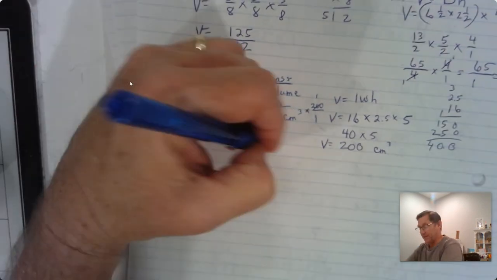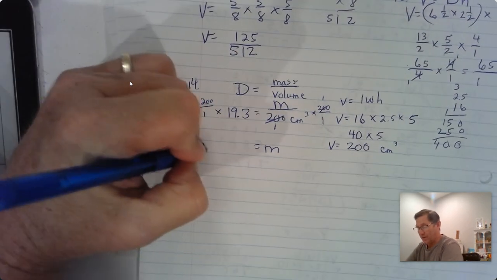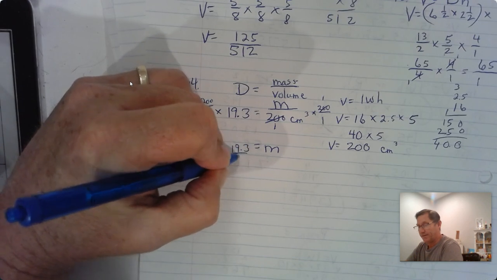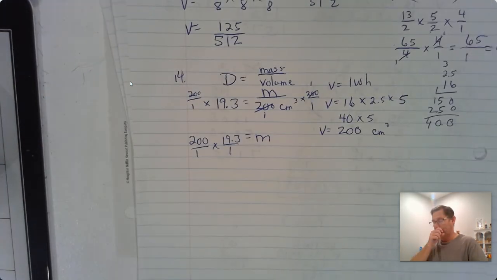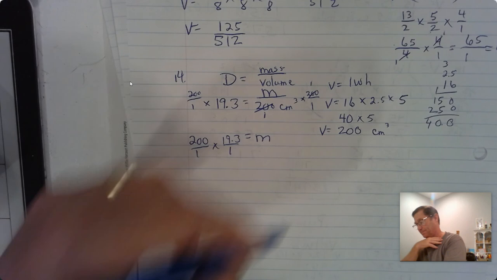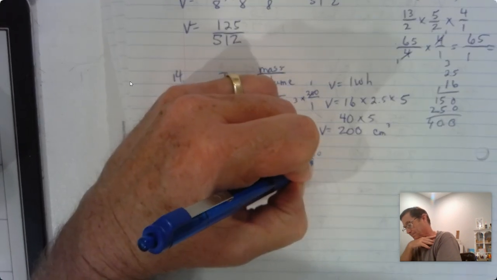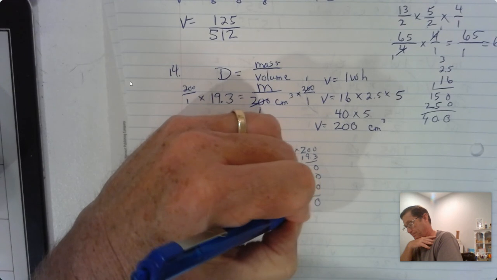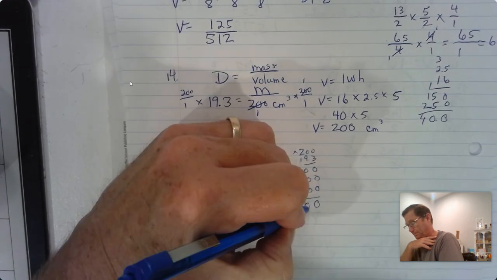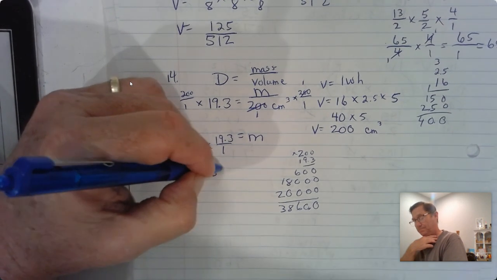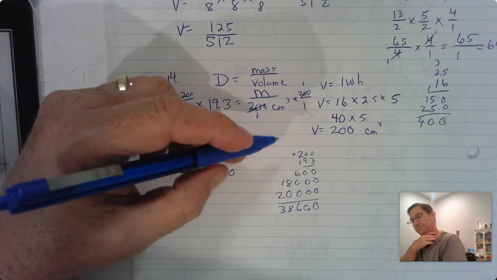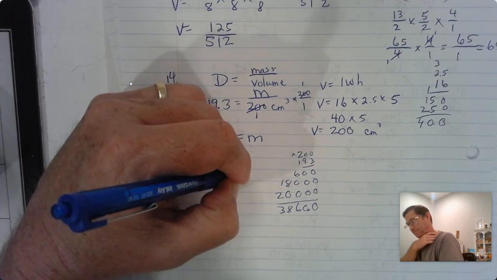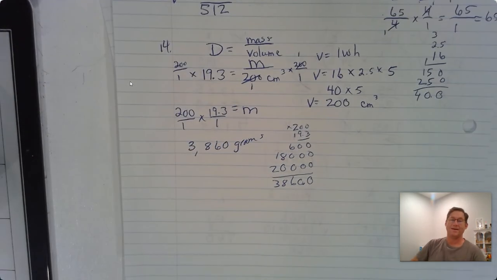So we'd have just m on this side, and we'd have 200 over 1 times 19.3 over 1. Which would give us 3,860 grams.